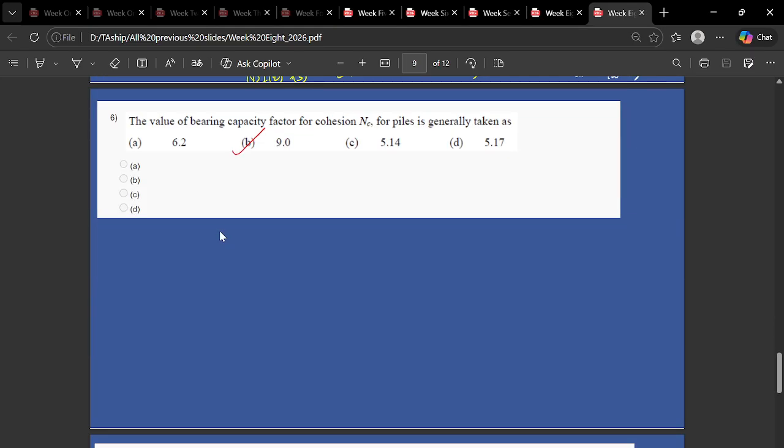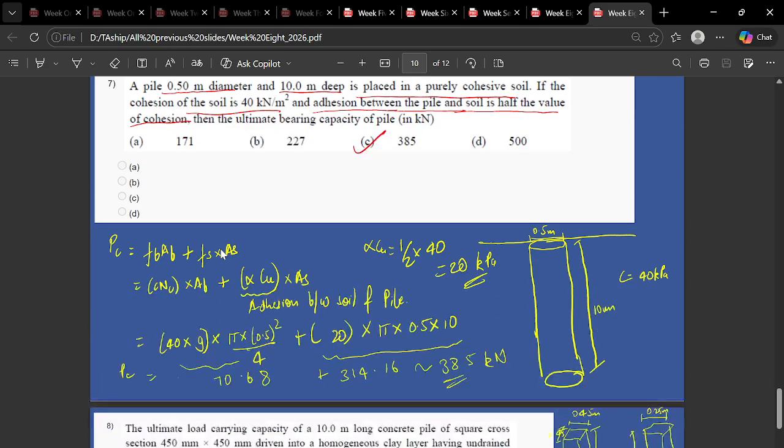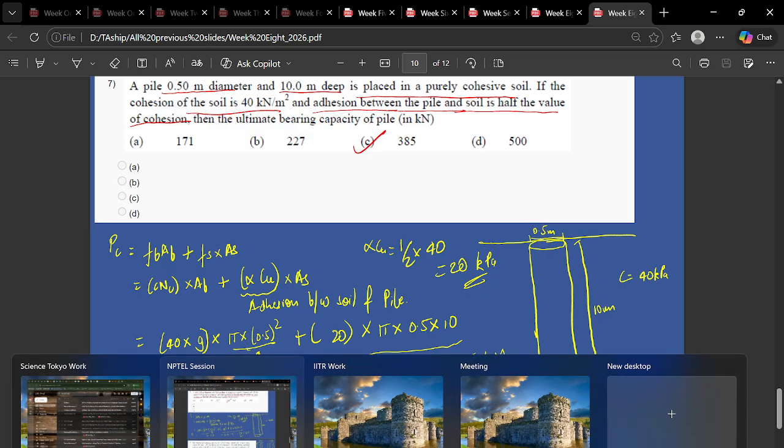Then you need to calculate the value of the bearing capacity factor. Then if you have cohesive soil and the frictional alpha values, how to calculate the pile capacity when you have both the shaft friction as well as the end bearing.